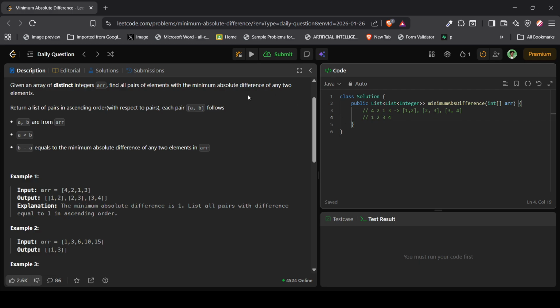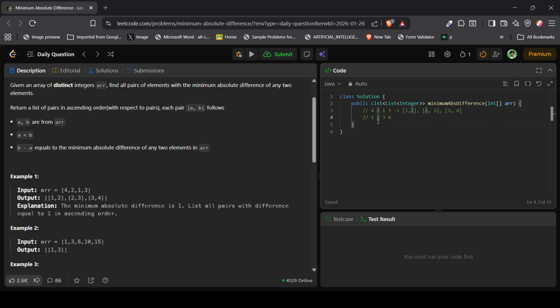Now if we try to loop through this array, we'll have to have two pointers here. The first pointer would be here and the second pointer would be here, and we note down the minimum difference.